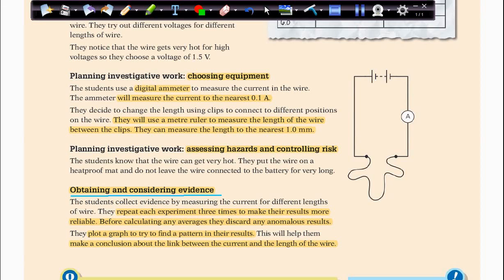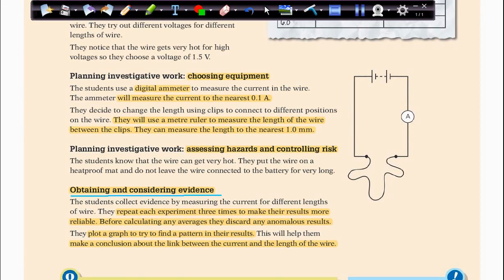In our experiments or tests, we need to repeat the test more than once, sometimes 3 times, 4 times, and we need to take the average. But before taking the average, we have to discard any anomalous results, which are unknown or false results, or our mistakes.